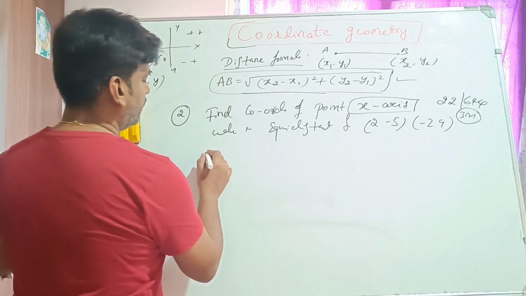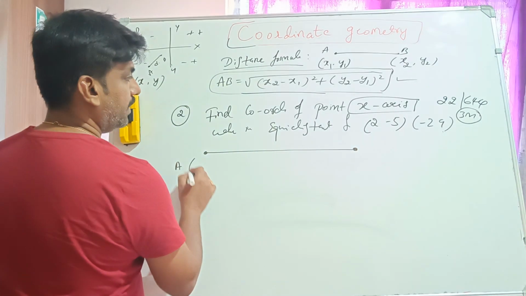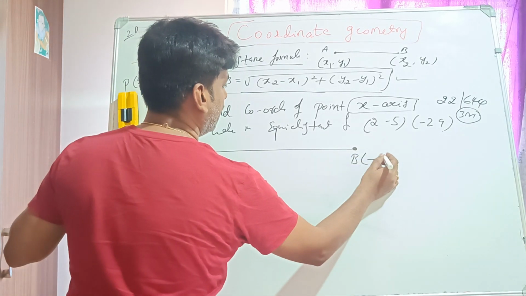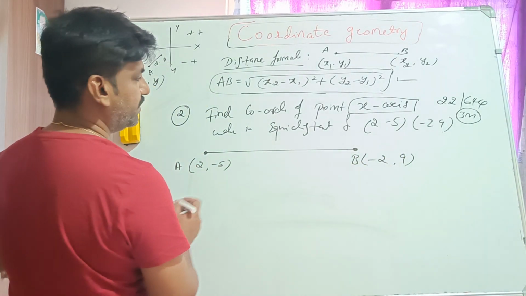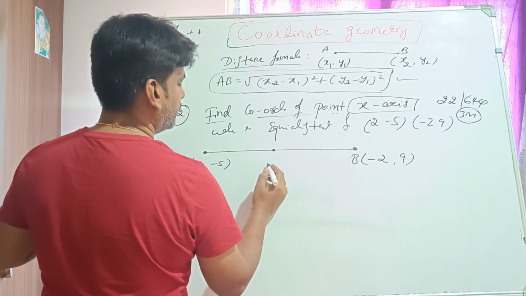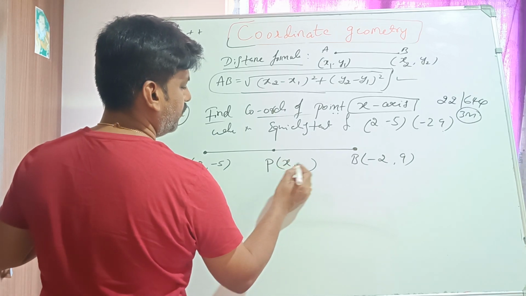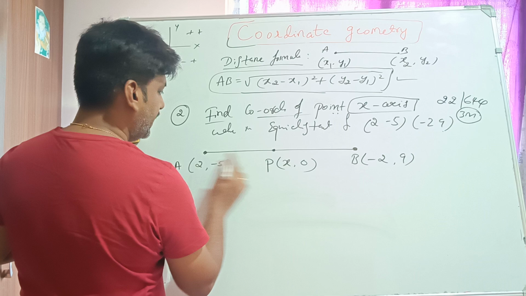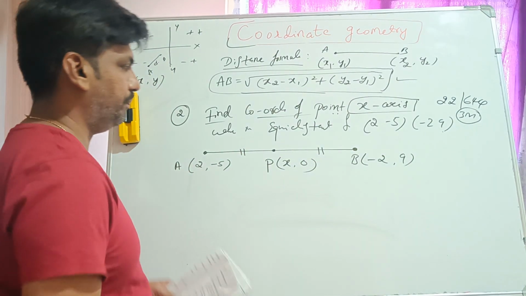What is the meaning of that? Suppose I take the point A as 2, -5. The point B I will take as -2 and 9, right? These are the points. Find the coordinates of the point on the x-axis. So the point on the x-axis means the y-coordinate is 0, and equidistant means the distances between A and P and between P and B are both equal, right?